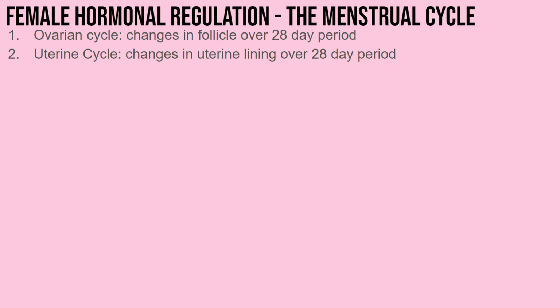So first is follicular phase. And then within the follicular phase, there's an early, mid, and late subsection. So we're going to start with early. And I also want to say that this is days 0 through 14.